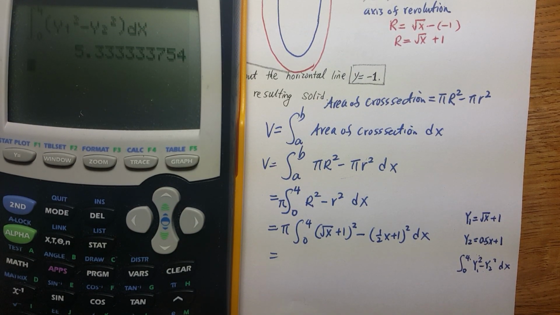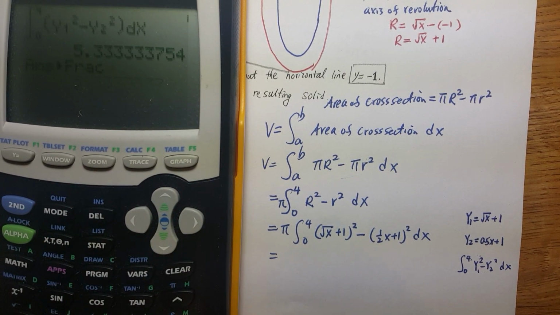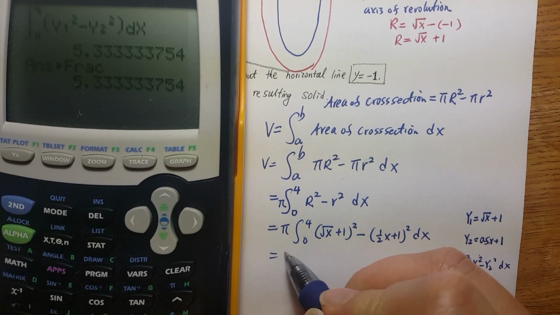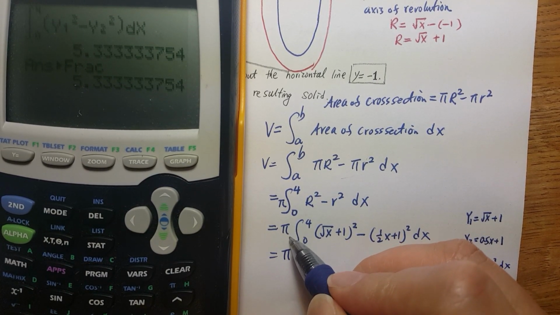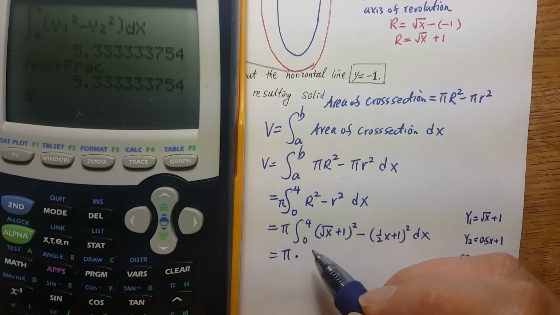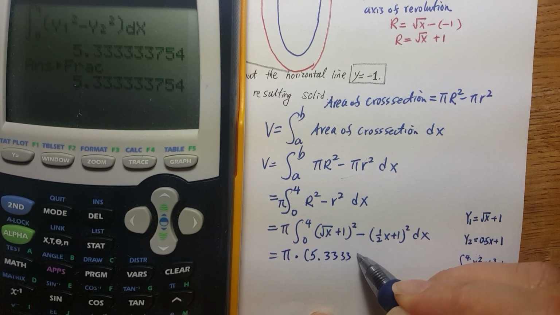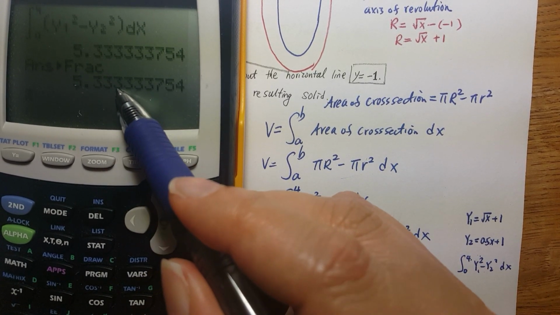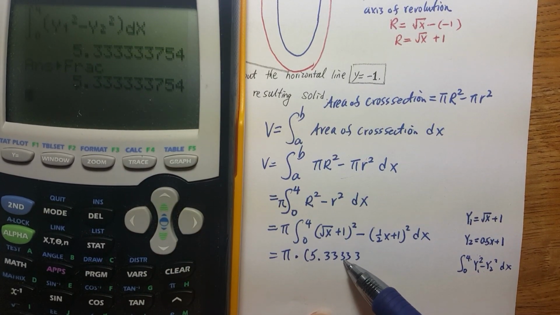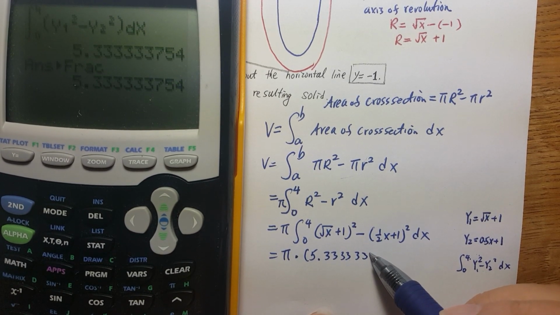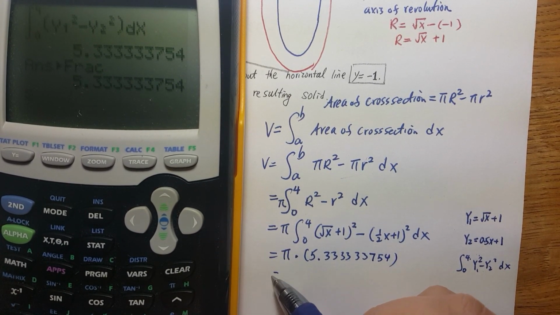Okay, so 5.333 something. Let's see, I can turn it back into a fraction. Nope, because there was a square root over there. So now I'm going to get pi. I didn't type in the pi, so therefore you still have the pi times 5.3333 and so on.